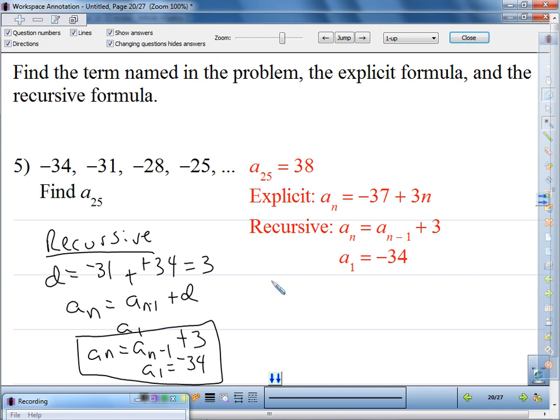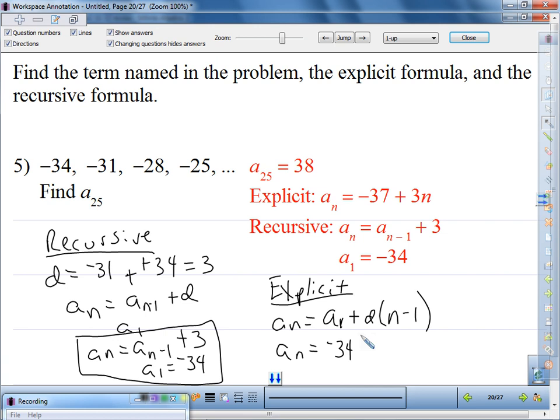Now, our explicit formula will take on the general form of a sub n is equal to a1 plus d times n minus 1. We're going to substitute in, so a sub n is equal to a1, which in this case was negative 34, plus the difference, which is 3, times n minus 1.